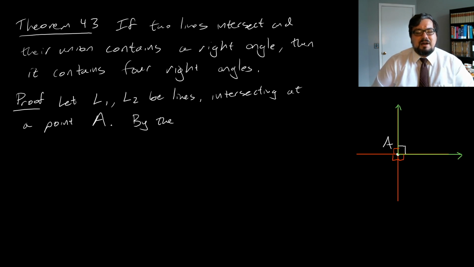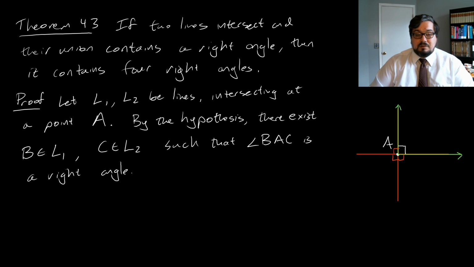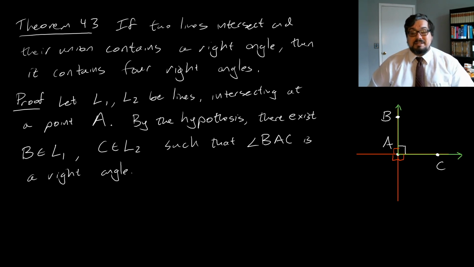So by the hypothesis, there exists a point B in L1 and C in L2 such that angle BAC is a right angle. So we've got some point on one of the lines and some point on another one of the lines such that the angle BAC is a right angle.